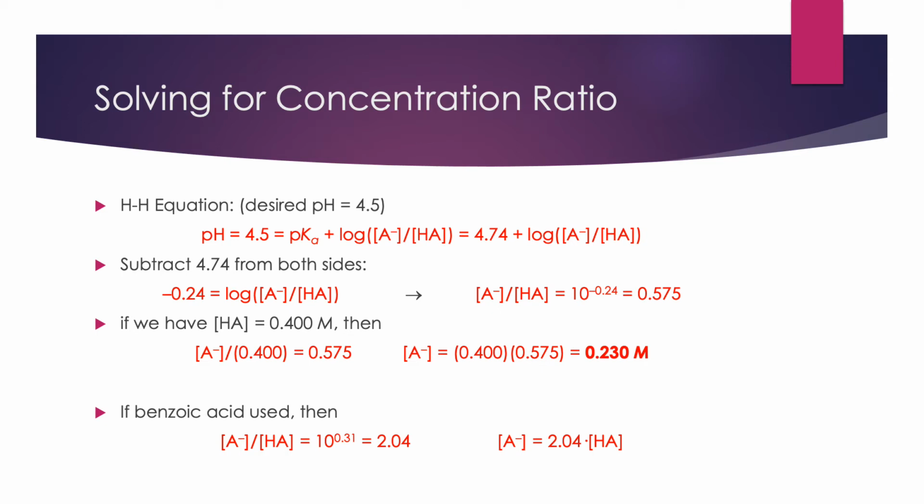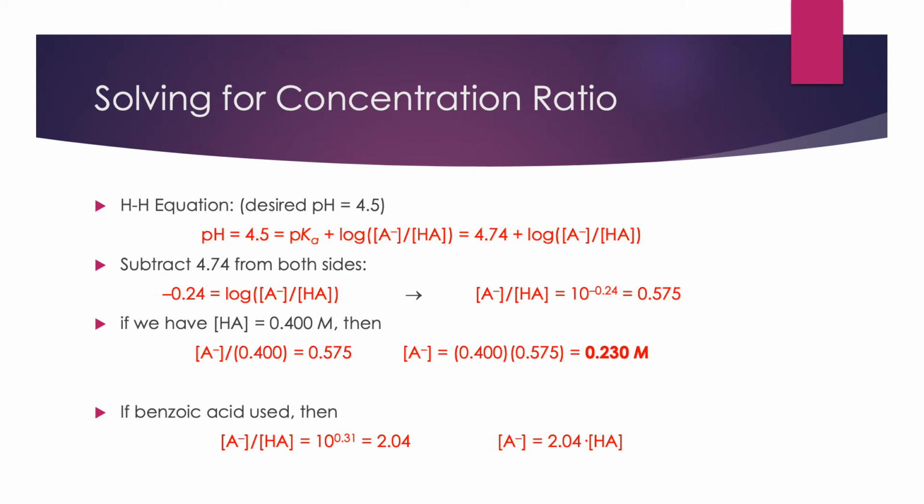So that equation is drawn there. A minus divided by 0.4 is equal to 0.575. So we just multiply both sides by 0.4, and we would find that the concentration of acetate ion that we need is 0.230. So that tells us something about the amount of sodium acetate we would need to put in order to create this desired buffer at this particular pH.